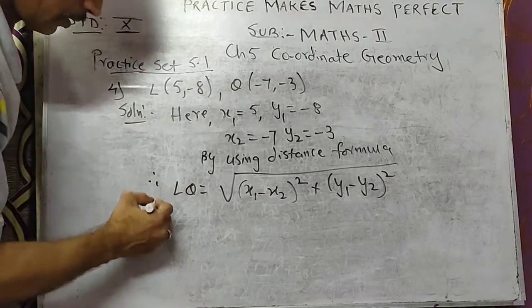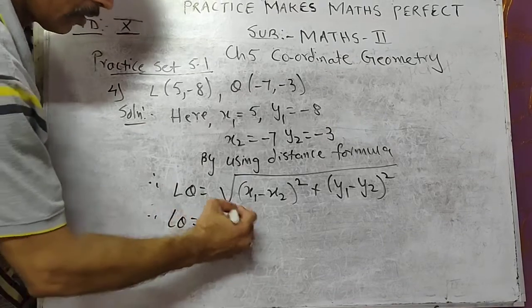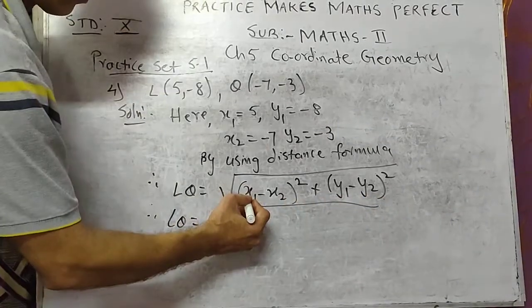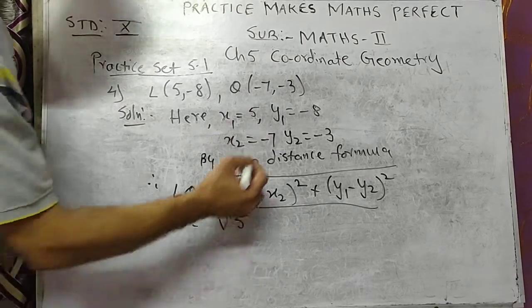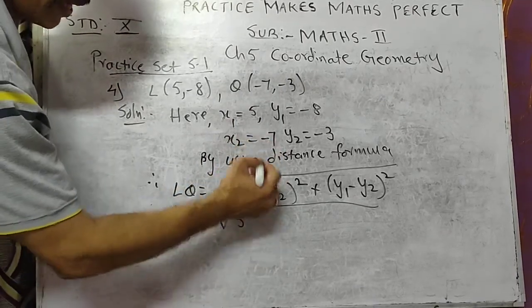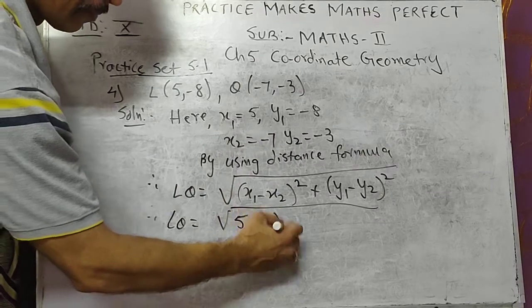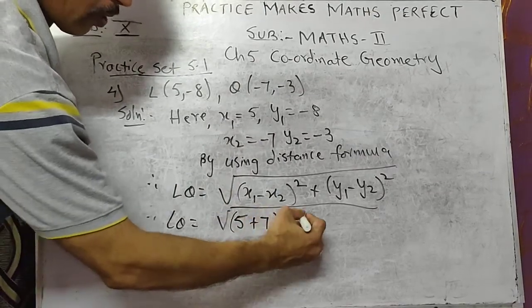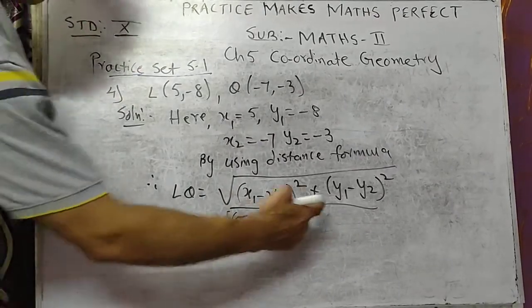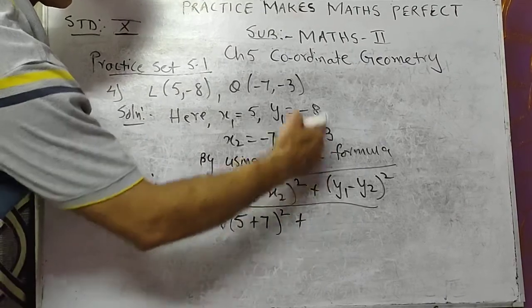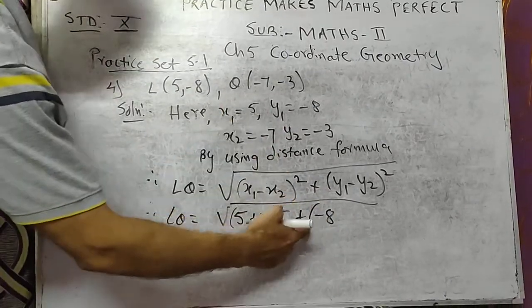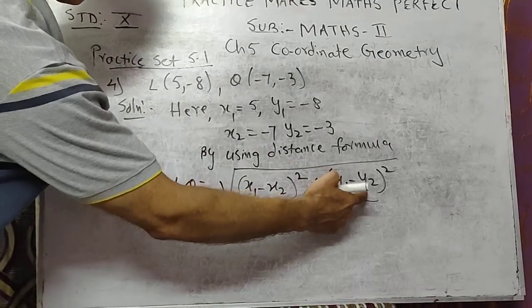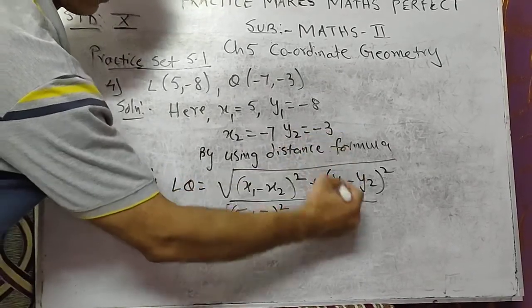So see now, LQ is equal to square root of x1 is 5, and x2 is minus 7, so this minus minus becomes plus. 5 plus 7 the whole square plus y1 is minus 8 and y2 is minus 3, so this minus minus becomes plus.